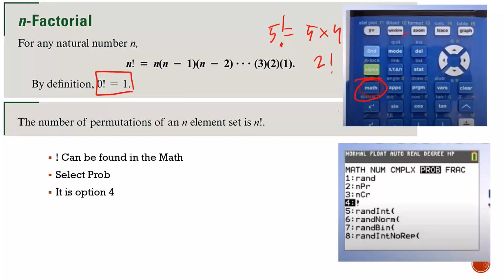That confirms exactly what we think it is. That's 5 times 4 times 3 times 2 times 1. Notice it will define 0 factorial is 1, which is weird. That does not involve any multiplication, but just understand that there is one way to arrange no objects, an empty bookshelf, an empty bag, whatever.